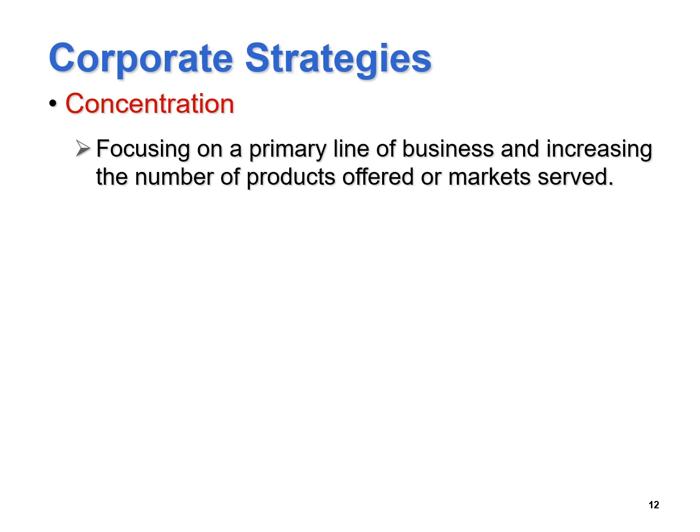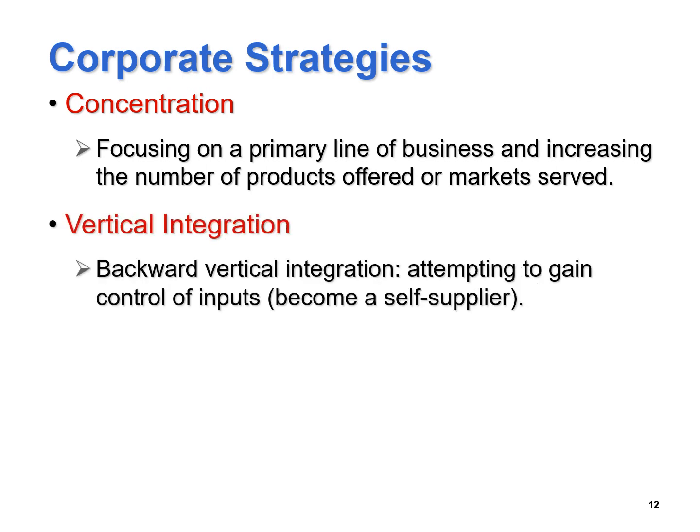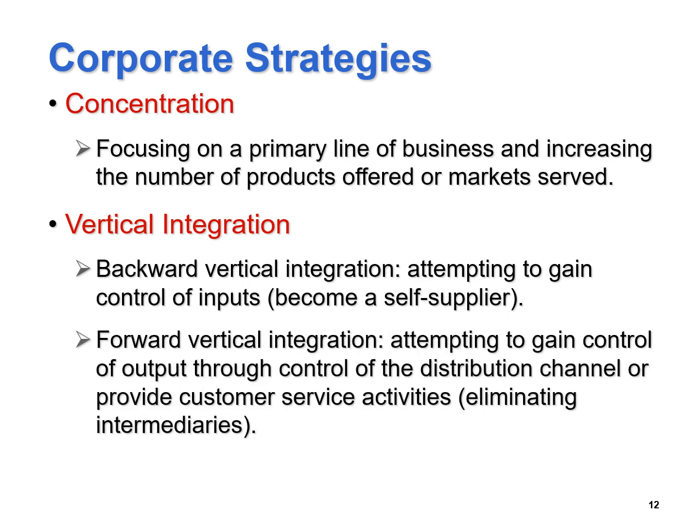So you can see here, focusing on a primary line of business and increasing the number of products offered or markets served. Vertical integration, backward vertical integration, attempting to gain control of inputs, or forward integration, attempting to gain control of output through control of the distribution channel or provide customer service activities by eliminating the intermediaries.